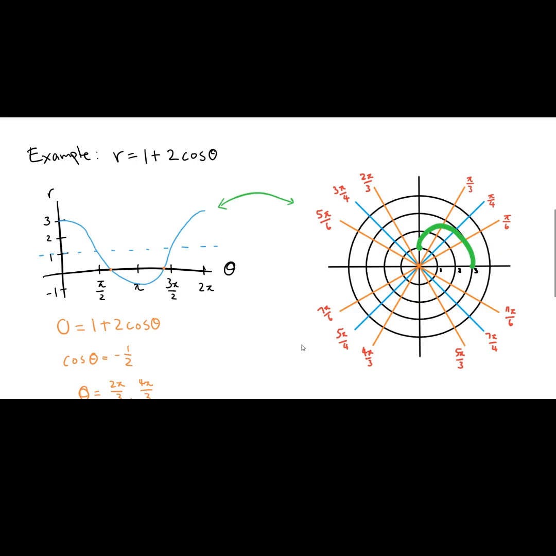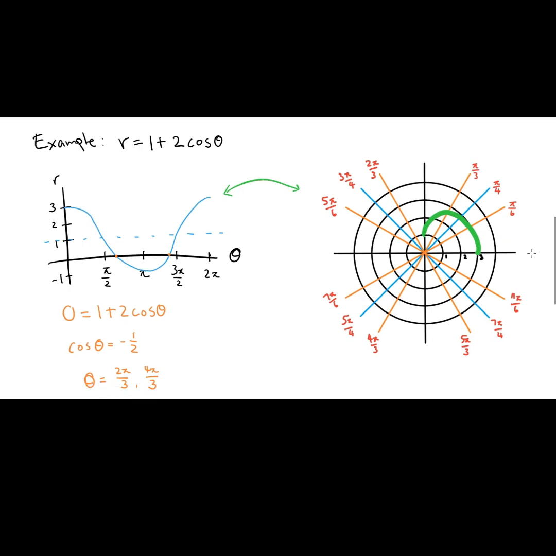Then at 2 pi over 3, we can see the r value being 0, which means that the graph hits the origin. So it's going to look like this. Then from 2 pi over 3 to pi, we see that the radius is negative. But what does it mean when the radius is negative?